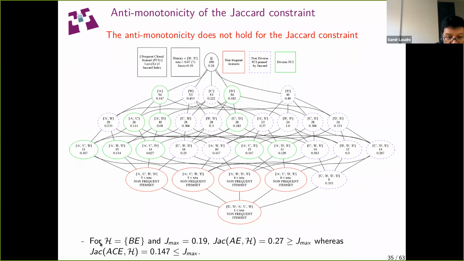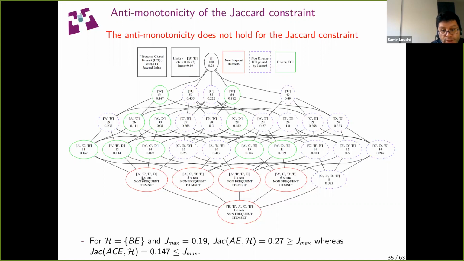So if we consider here the lattice of all the item sets that can be extracted in the data set. In terms of legend, we have first the item set, after that the cover associated to the item set, and finally the Jaccard index associated to the item set. In red we have the non-frequent item sets.